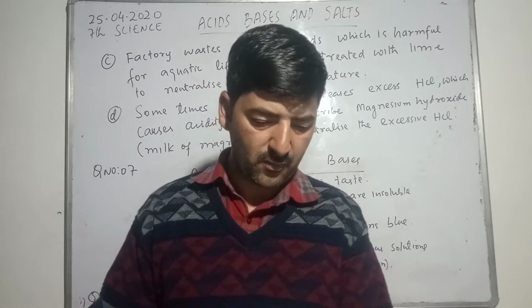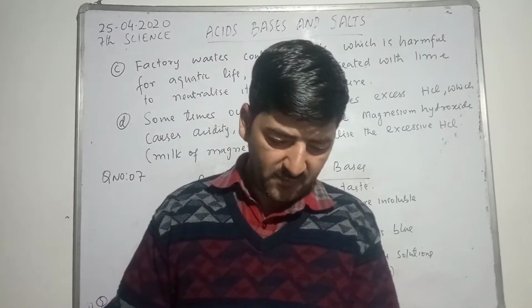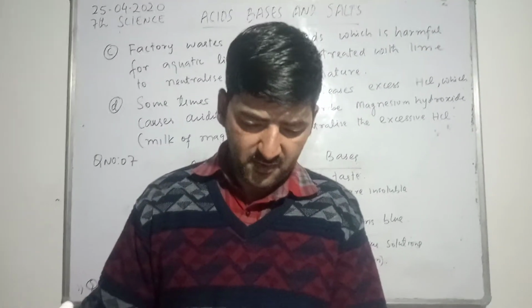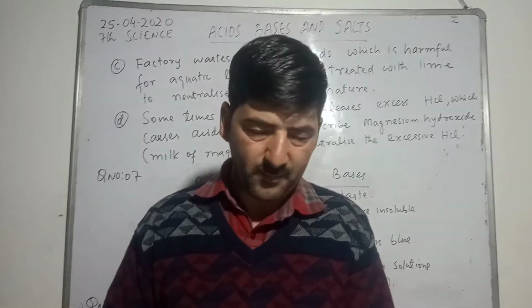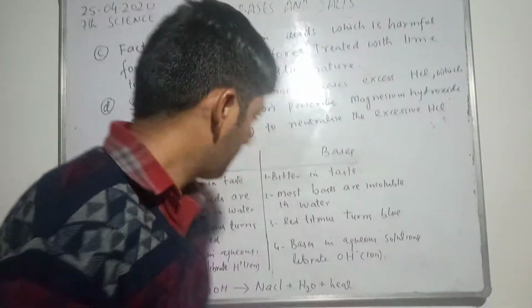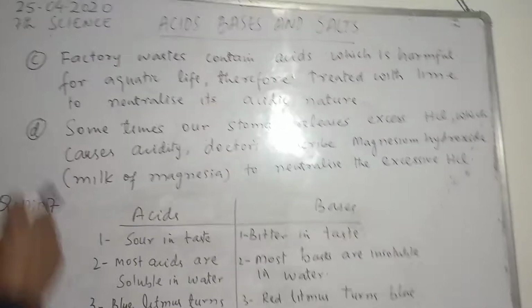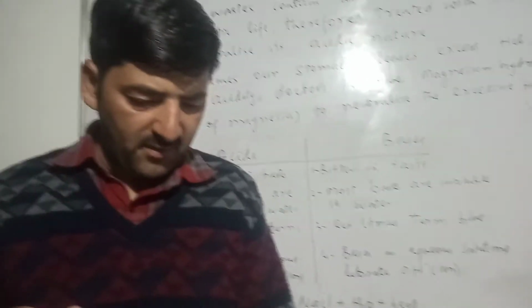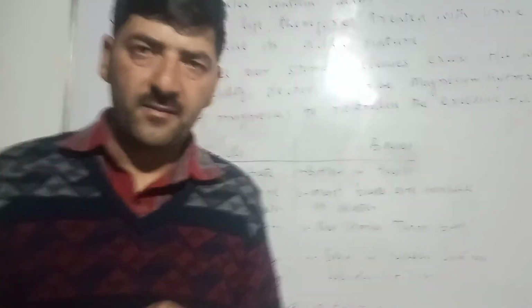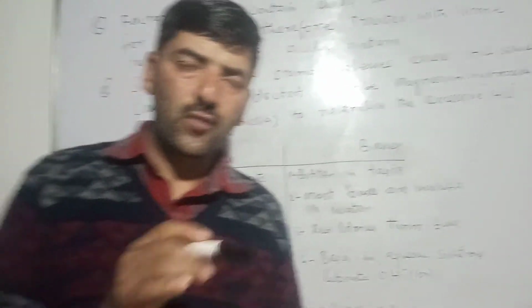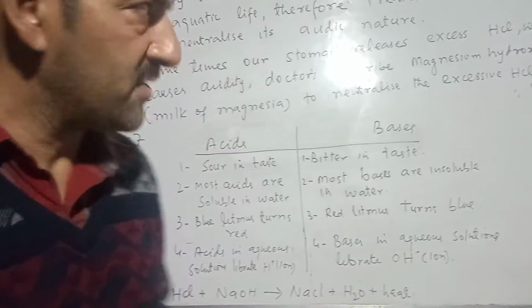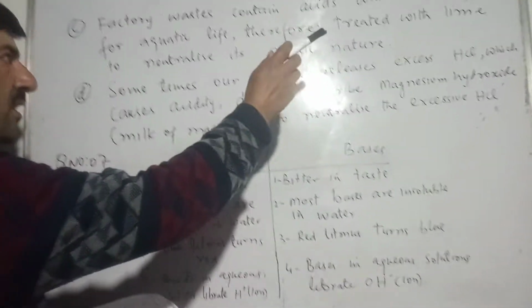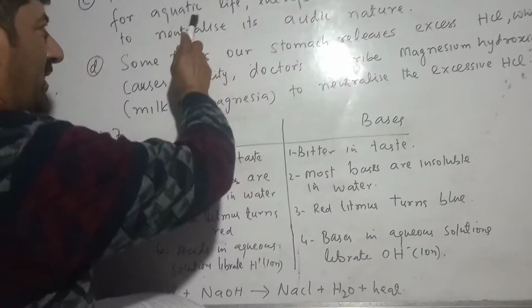Part C of question number 6 is, factory wastes and city sewage are neutralized before discharging in rivers. Explain why. Factory wastes and sewage wastes mostly contain acids. When acids are released in water bodies, they are very harmful for aquatic life.